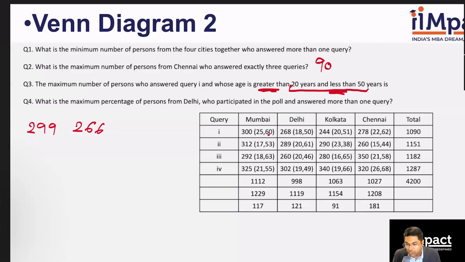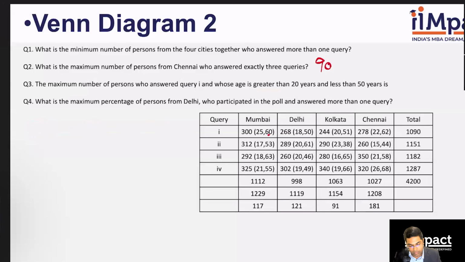Similarly for Kolkata and Chennai, and I will get my answer by adding these four numbers that I get. I will get 242 for Kolkata and I will get 277 for Chennai. And that's it. When I add these numbers, I will have my answer. With me? Yes. So question number 3, again, very straightforward. You just had to add these numbers.